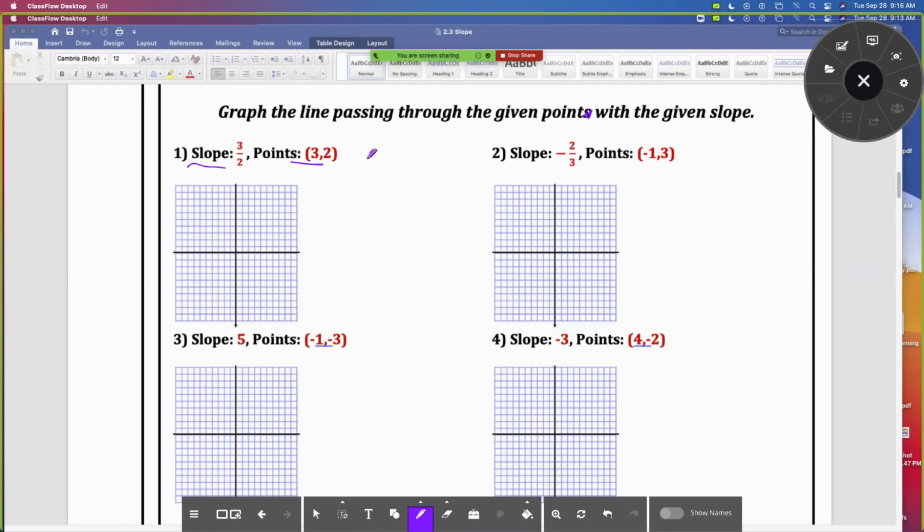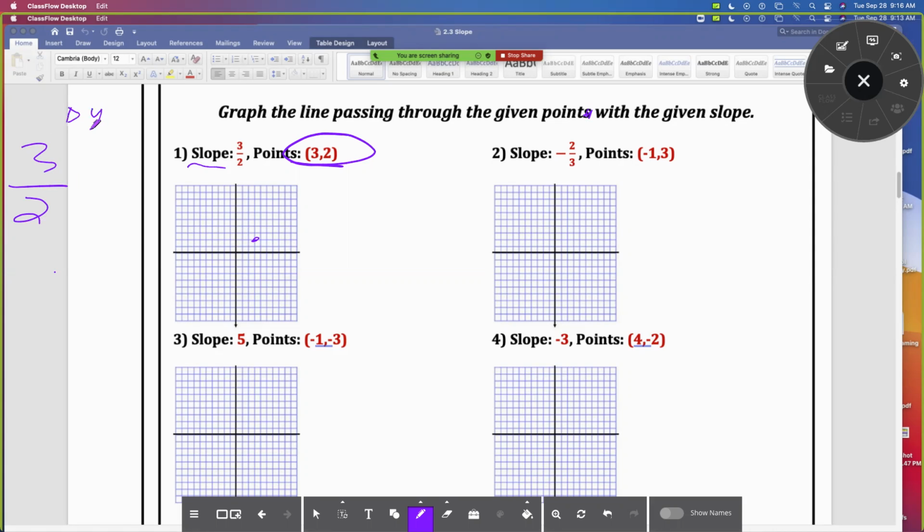But you can start off with a point. Now that point is 3, 2. So 3, 2 is located in the x direction, 3, 1, 2, 3, then up 2, which could be located right over here. Now that I've located my point, I could use the slope to help me draw my line. Now notice that over here, I'm gonna write it bigger, 3 over 2. That is the slope. That's the average rate of change between the y's over the x's.